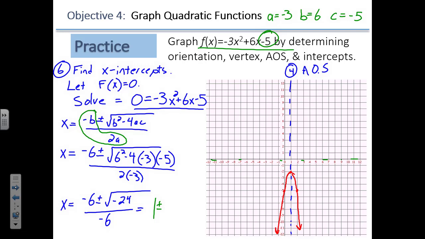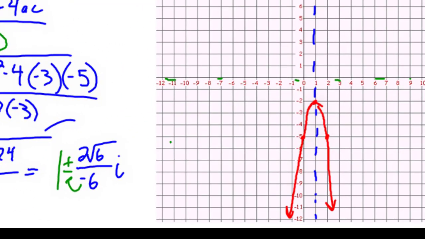Now the square root of -24, we can factor a 4 out of there, and that is 2 square root of 6 over -6i. But the negative rolls in with this plus or minus, and the 2 over 6 cancels, and we get 1 plus or minus the square root of 6 over 3i.